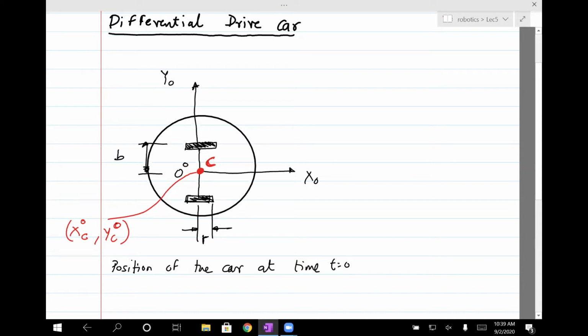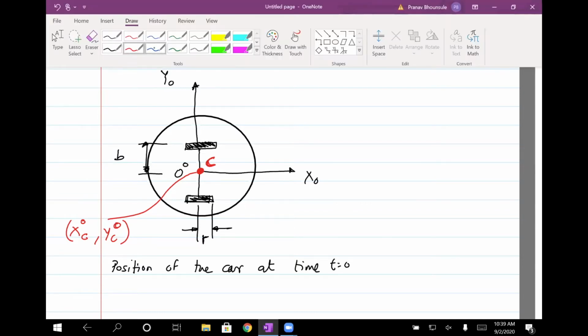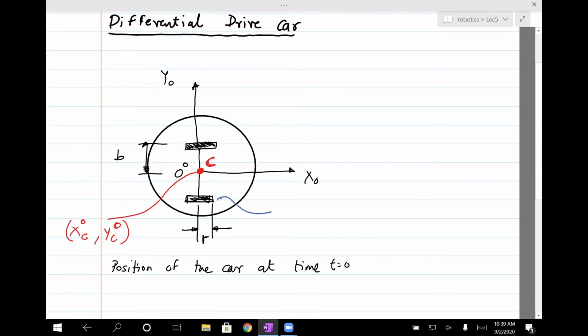Okay, now, as I said, you can spin the wheels of the car at different speeds. So let's call this wheel the right wheel. And so let's just say the speed of that one is phi dot r. And then the speed of the left wheel, phi dot l. You can call either one right and left depending how you see, but let's just follow this convention.